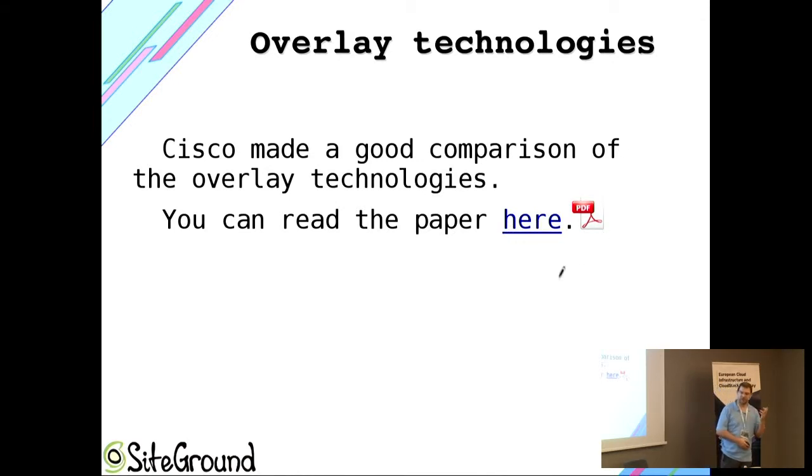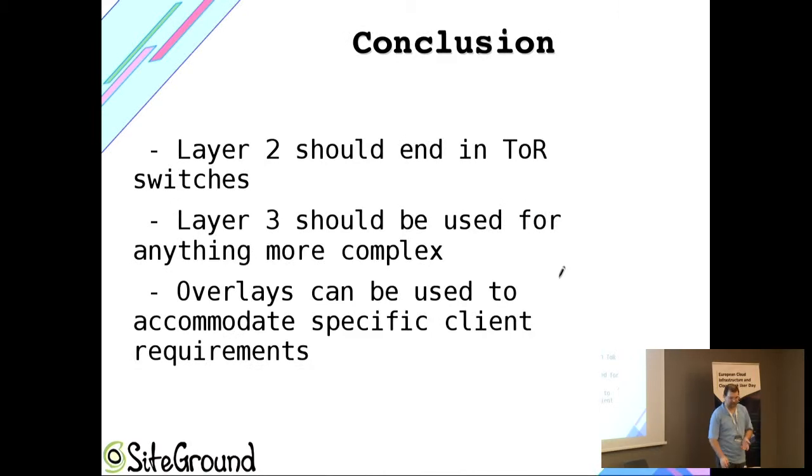The idea of all of these overlay technologies is that you would reduce the amount of MAC addresses within your network when you're talking between your servers, and you would reduce the complexity of the VLANs by moving those things from the switches to the end servers.